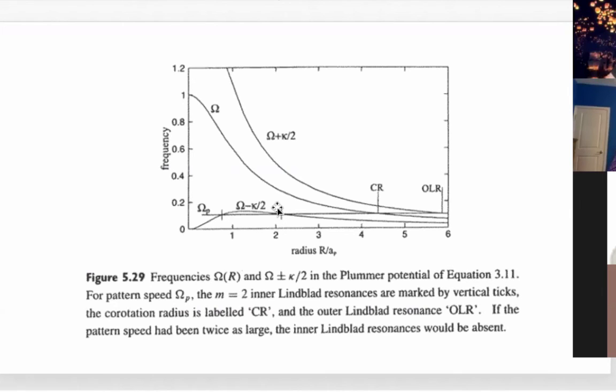What's a two-arm spiral? It means that as you go around an azimuth, there are two maxima and two minima. A typical star completes two epicycles in one rotation of the galaxy in this rotating frame.